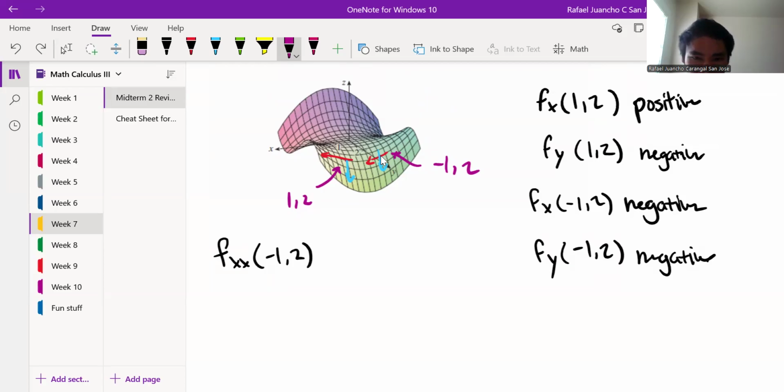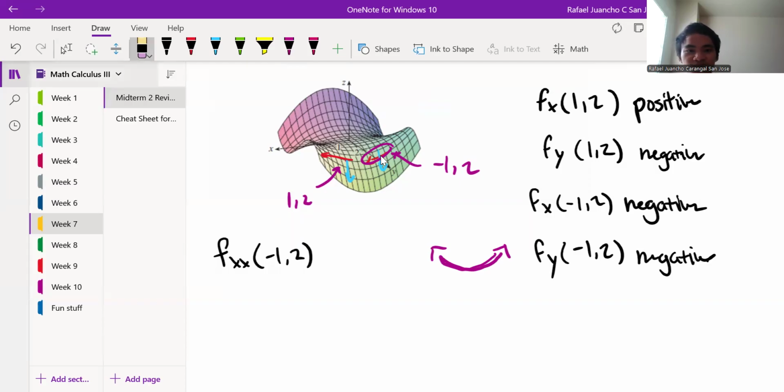And I think, wait, why was this positive again? I just remember this being positive, but then I actually kind of forgot why. Oh, concavity. Now I remember. If we take a deeper look, it's kind of going like that, right? And if we check the concavity, it's concave up.